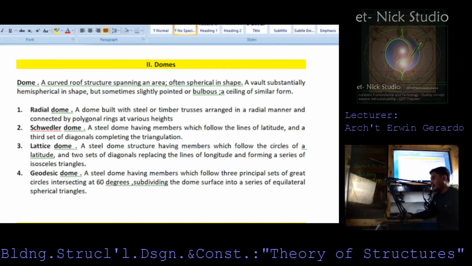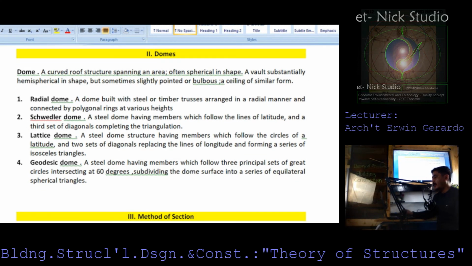A ceiling of similar form. So one classification of dome is the radial dome, a dome built with steel or timber trusses arranged in a radial manner and connected by polygonal rings at various heights.